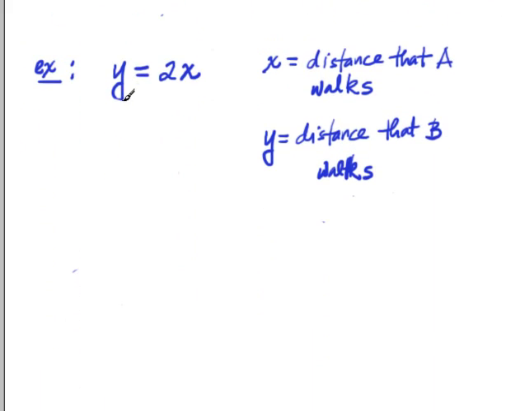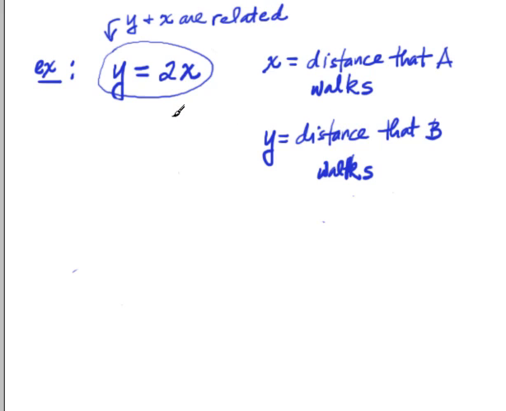So here we have two variables that are related, y and x, and they're related by this equation, y is equal to 2x. Okay, so y and x are related. And let's assume that both x and y are changing with respect to time.